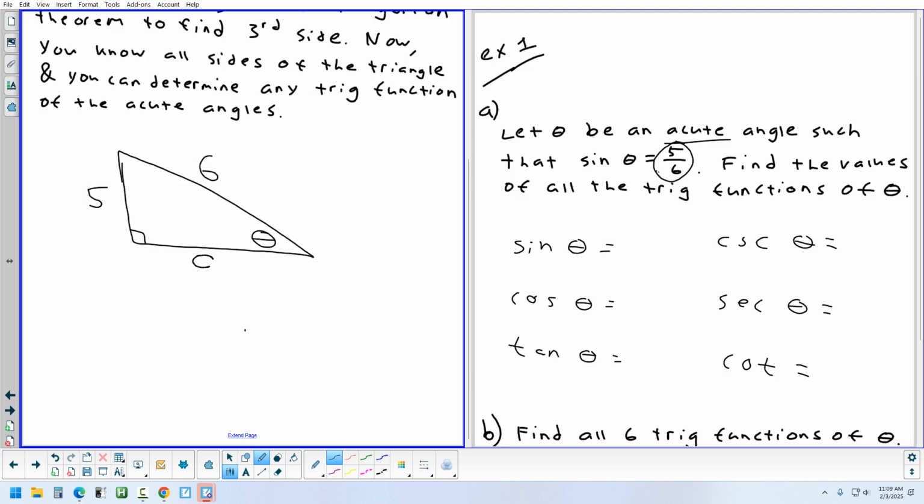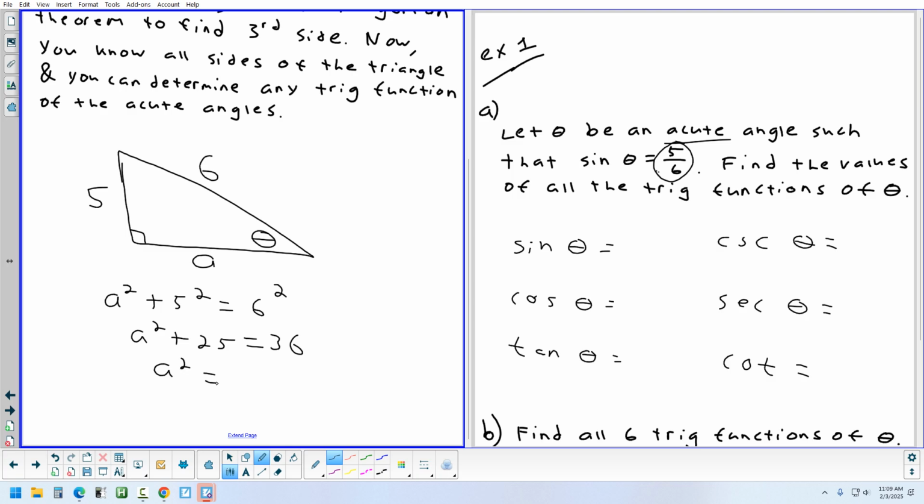Let's just use A. And now, can somebody set up my Pythagorean theorem for me with that information that's on the board? Yeah. A squared plus 5 squared equals 6 squared. Okay. So A squared plus 25 equals 36. So I squared everything. What would be my next step?